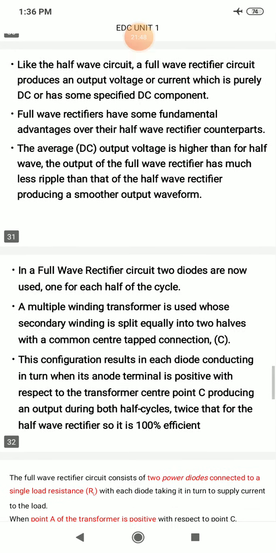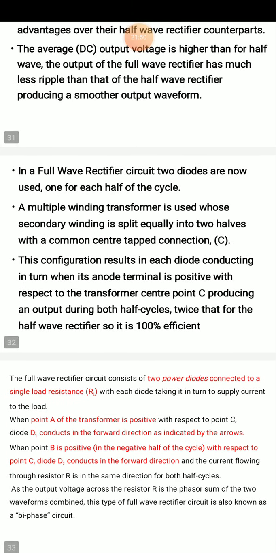Similarly, the turns from C to B are equal. The secondary winding is split equally into two halves with a common center tap connection, which we mentioned as C. This configuration results in each diode conducting in turn when its anode terminal is positive with respect to the transformer center point. Very important: the anode terminal as well as the center tap point.